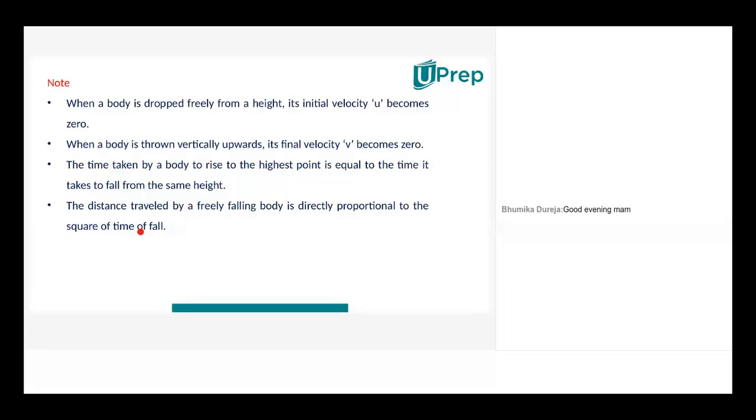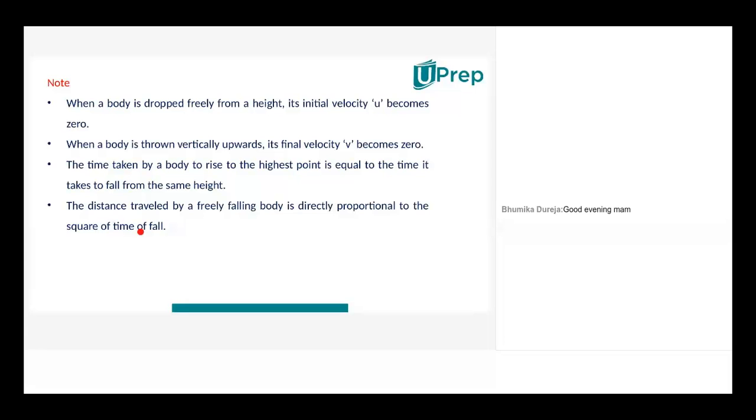Time taken to reach maximum height, which means time taken to go to the maximum extent upwards, is equal to the time taken to reach the ground again from that maximum height. Both the times are equal because the object is moving only under the influence of gravity. Its time of ascent is equal to time of descent. Time of ascent means time to go up.